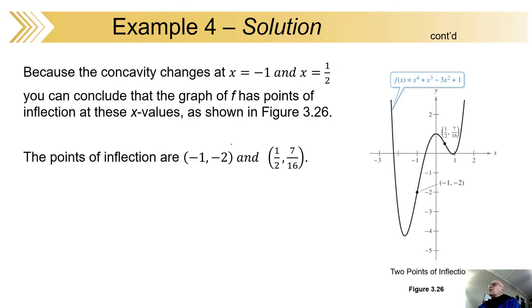Here's a picture of what you've got, along with those critical values that you found at -1 and -1/2. Remember, 3 intervals. Here's one interval. Between these 2 is another interval. And back here is the third interval.